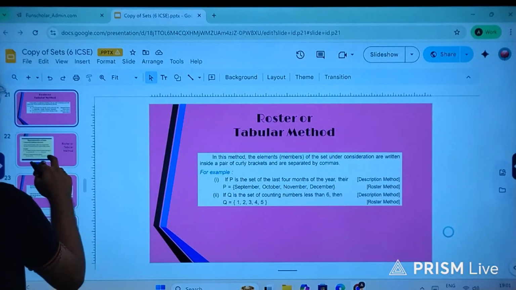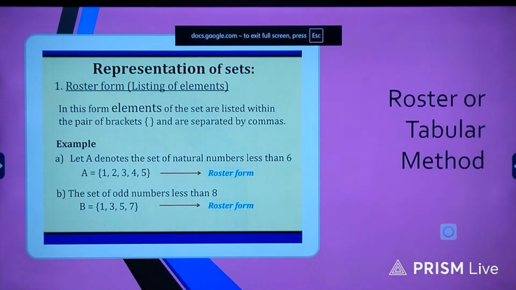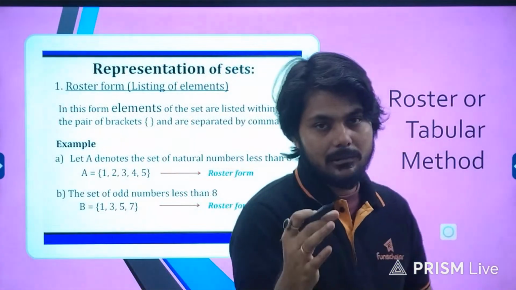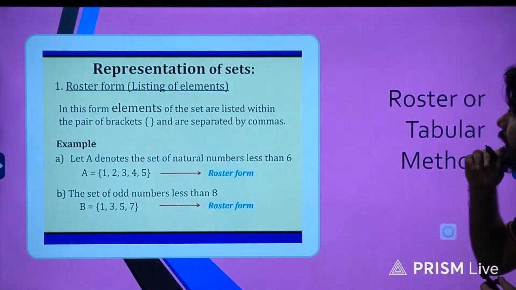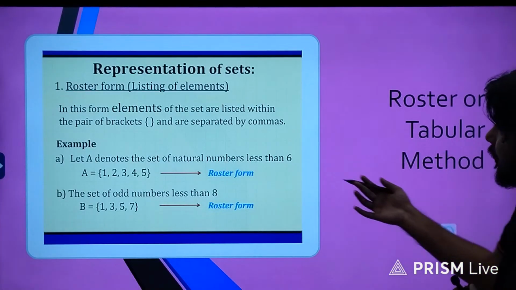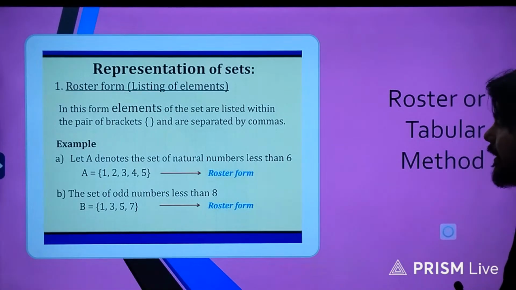Now we have completed the roster or tabular method. Again, there are certain examples of roster or tabular methods. As you can see, representation of sets, roster form. In this form, elements of the set are listed within a pair of brackets and are separated by commas.